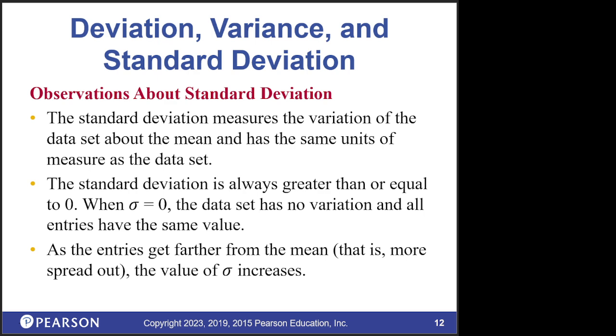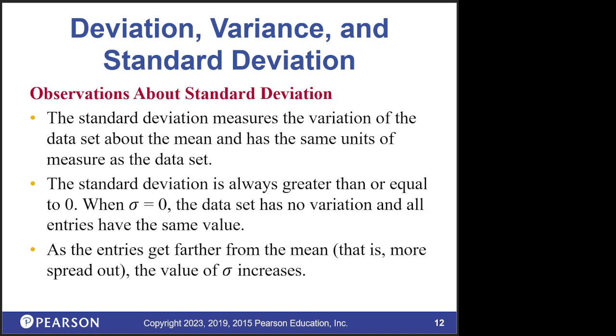The standard deviation measures the variation about the mean, and because the standard deviation takes the square root, it ends up having the same units as whatever the data was measured in.